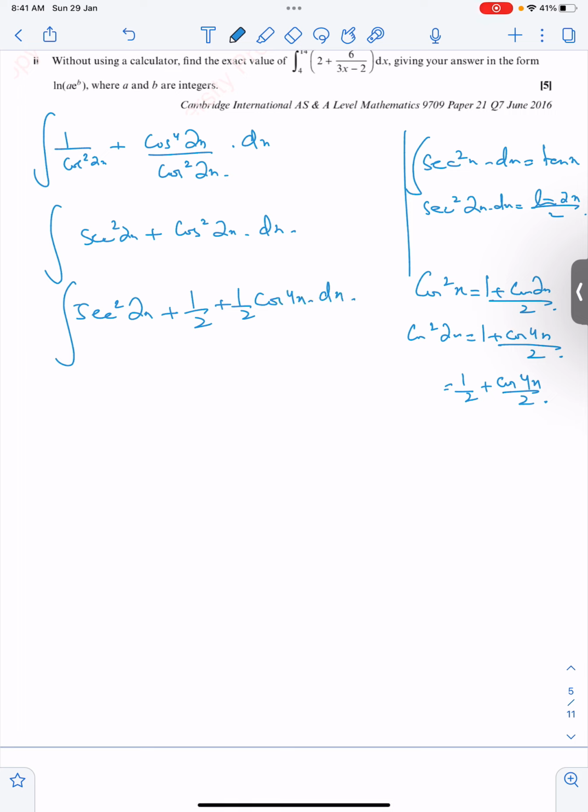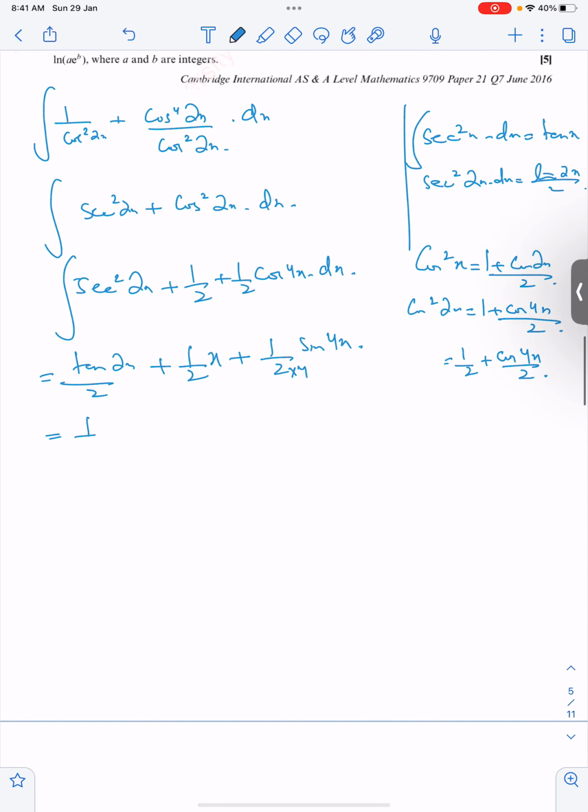Now I can start with the integration process. The integration of sec square 2x is going to be tan of 2x divided by 2, plus integration of half is half x, plus integration of half cos of 4x. Integration of cos is sine of 4x divided by 4.